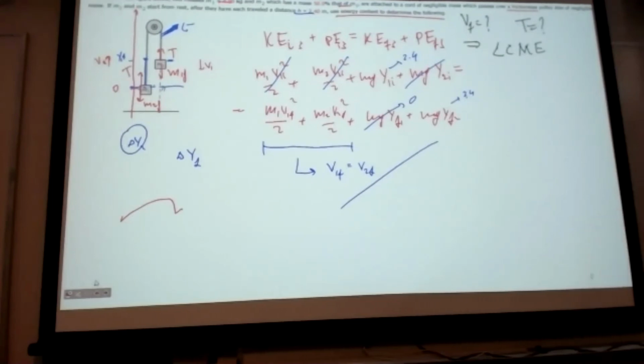We could use it because of two reasons. Number one, no friction. And number two, as we proved, even tension does individual work on each individual object. It doesn't do work on the system as a whole because it cancels each other.